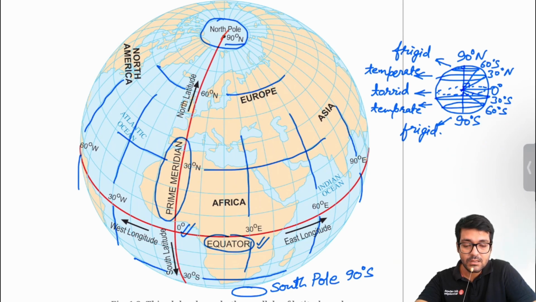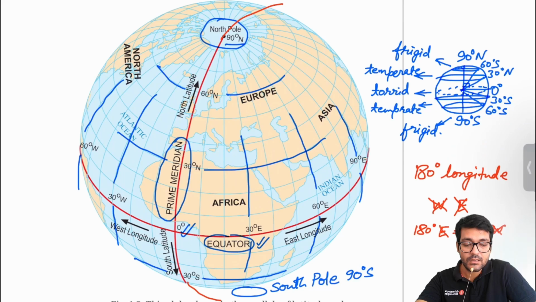You can see here there is a meridian that is opposite to the prime meridian, also called 180-degree longitude. The letter W or E is omitted because 180-degree east is same as 180-degree west.